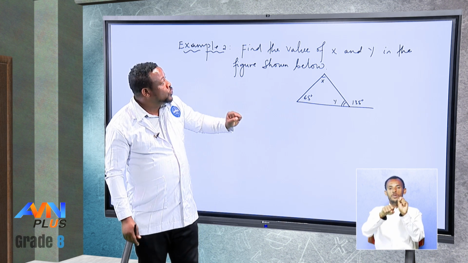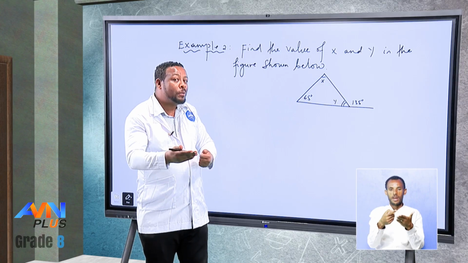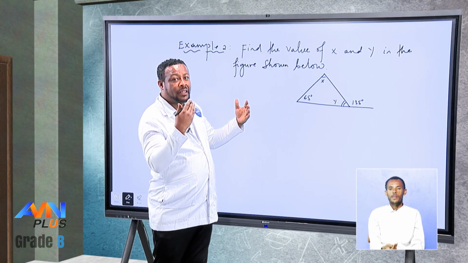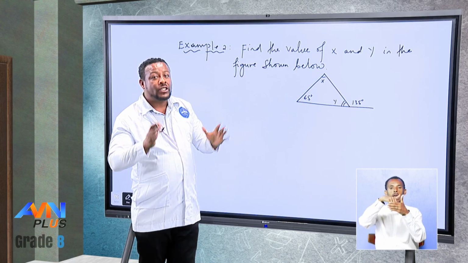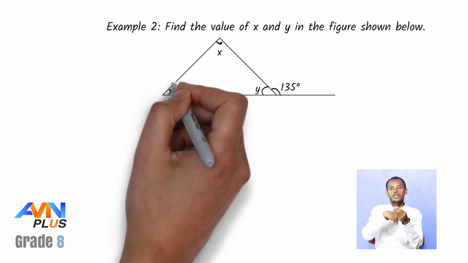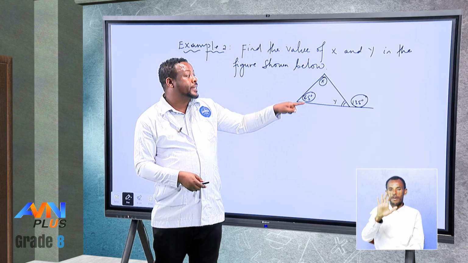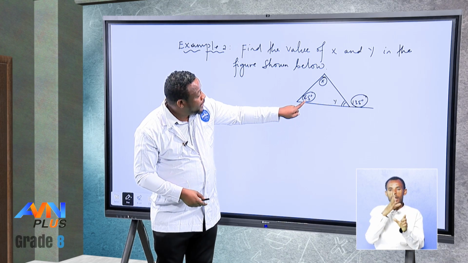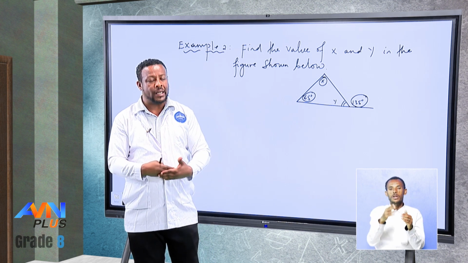So to find the value of x and y here, we need to apply theorem 5.2, which is the concept of exterior angles. Based on the concept of exterior angles, the sum of these 65 and x must be 135 degrees. 135 degrees is the exterior angle, and these two, 65 and x, are remote interior angles.